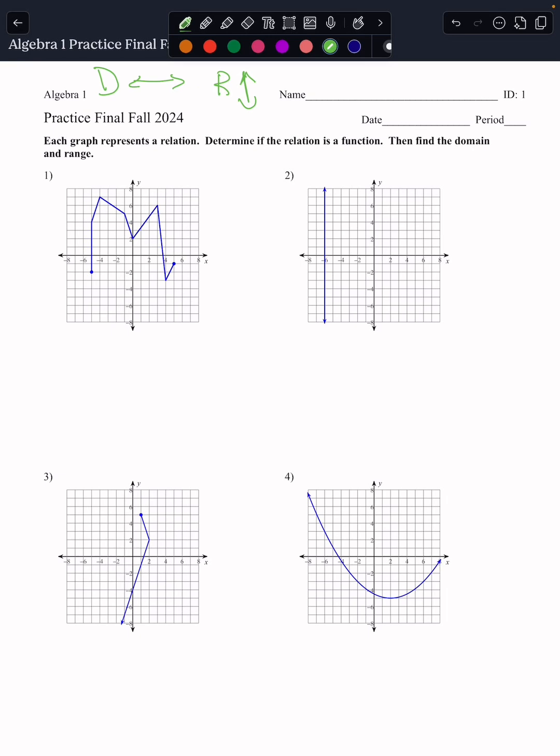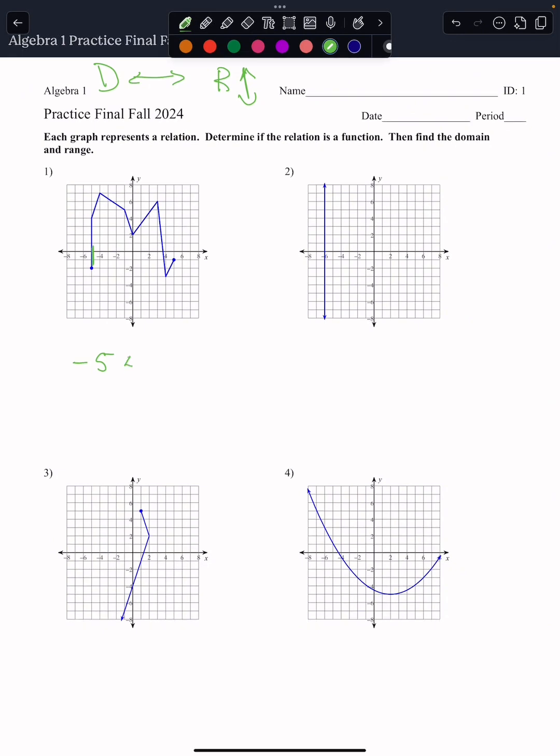So the domain, the furthest left right here is -5. And remember, that's a closed circle, X, closed circle, and then our farthest right, that's a +5. That's the domain.